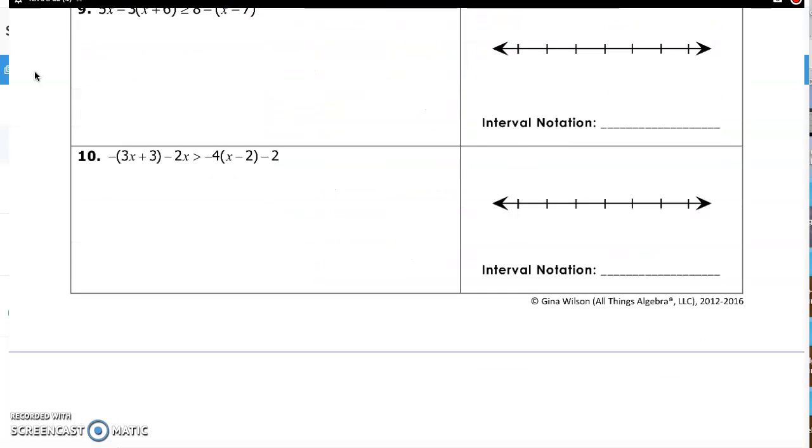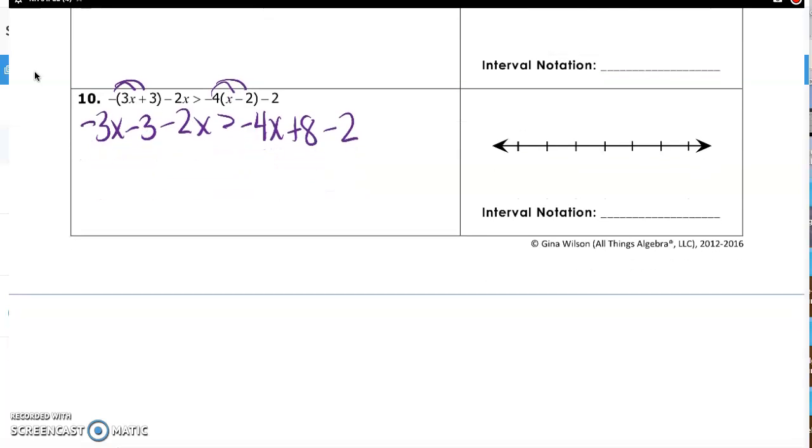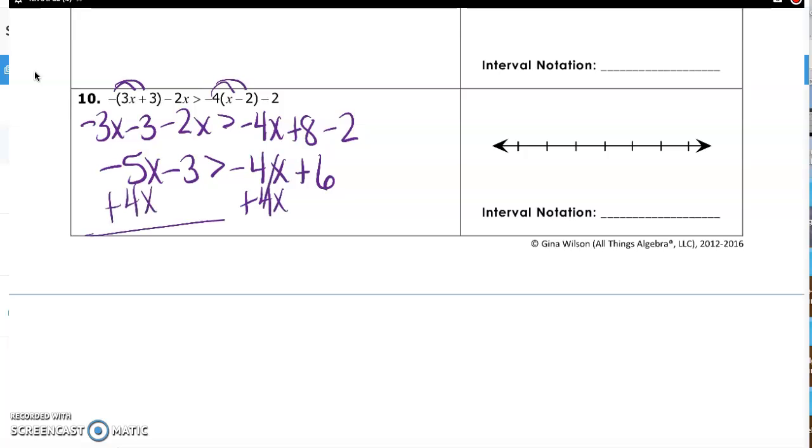And lastly, number 10, first we distribute a negative 1: negative 3x minus 3 minus 2x, greater than, distribute a negative 4: negative 4x plus 8 minus 2. Combine our like terms, gives us negative 5x minus 3 is greater than negative 4x plus 6. Add 4x to get it over to the left. That gives me negative 1x minus 3 is greater than 6.